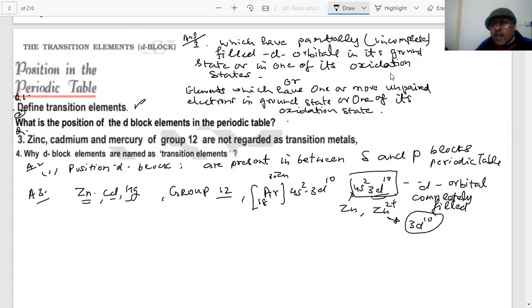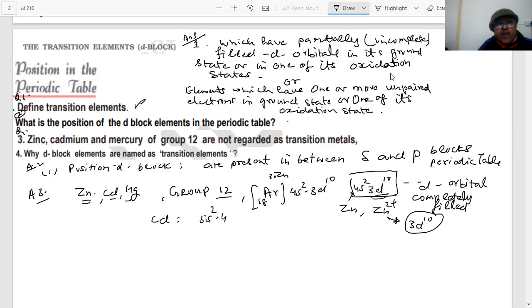The two electrons will go from 4s, so the d orbital is completely filled in its oxidation state as well as its ground state. So is the story with cadmium and mercury also, students. For cadmium, what will happen?